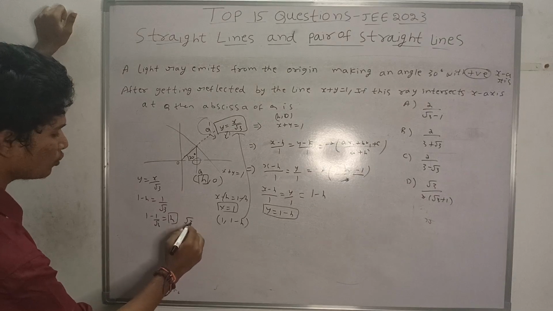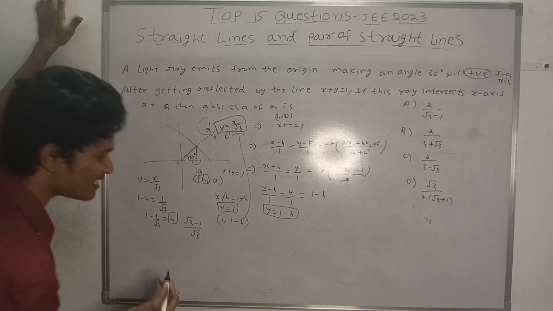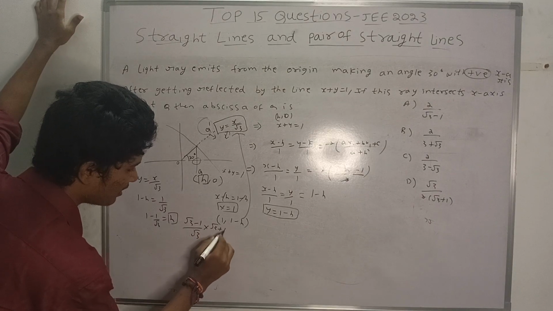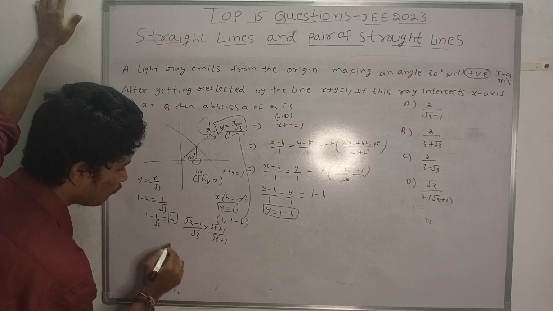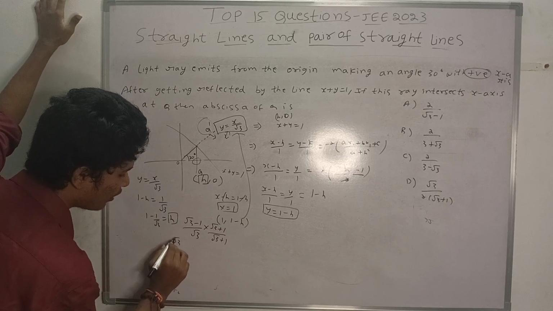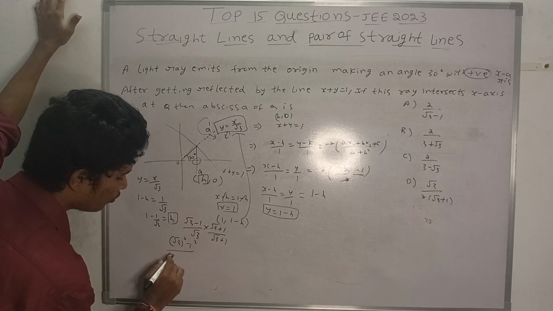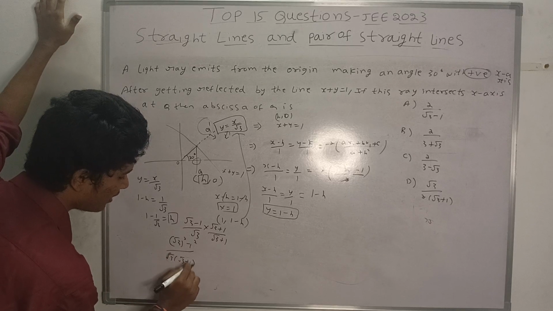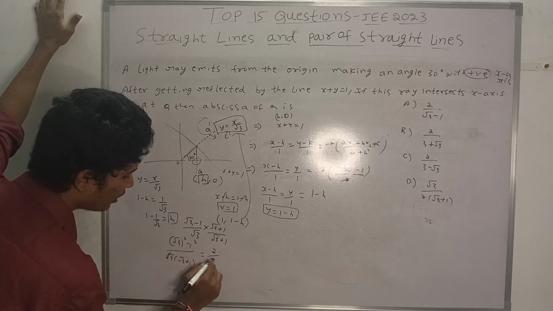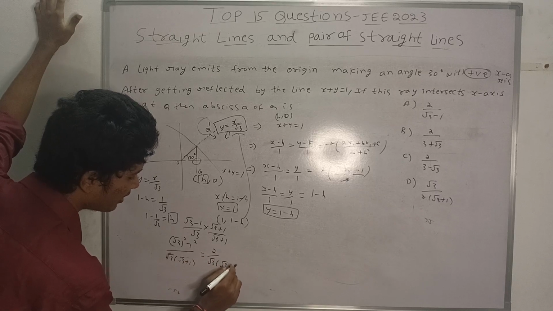So simply we have to do root 3 minus 1 divided by root 3, simply rationalize this, that is into root 3 plus 1 divided by root 3 plus 1. We will get root 3 whole square minus 1 square divided by root 3 into root 3 plus 1. That is 2 divided by root 3 into root 3 plus 1.